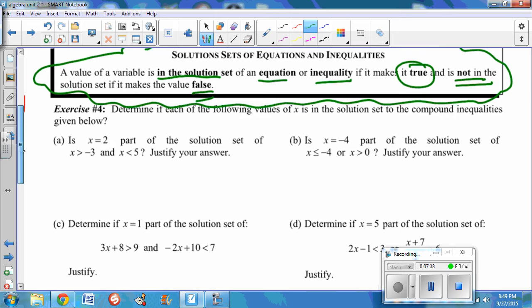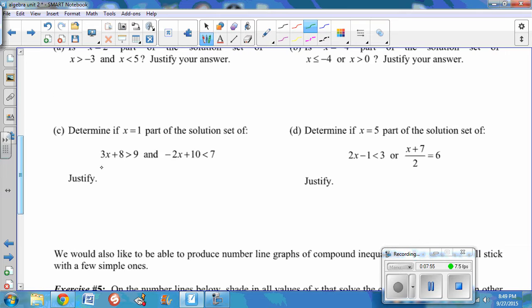Okay? So it says, determine if each of the following values of x is in the solution of the compound inequalities given below. So we've done sort of these basic ones already on the front page, A and B. So let's look down, do the same thing, but now we've got a little bit more complex here in C. So it says, determine if x is part of the solution set.